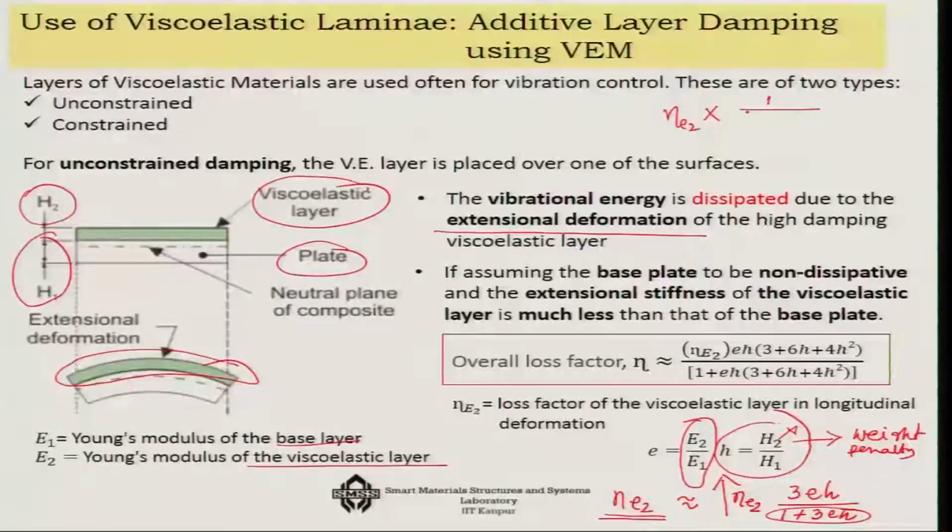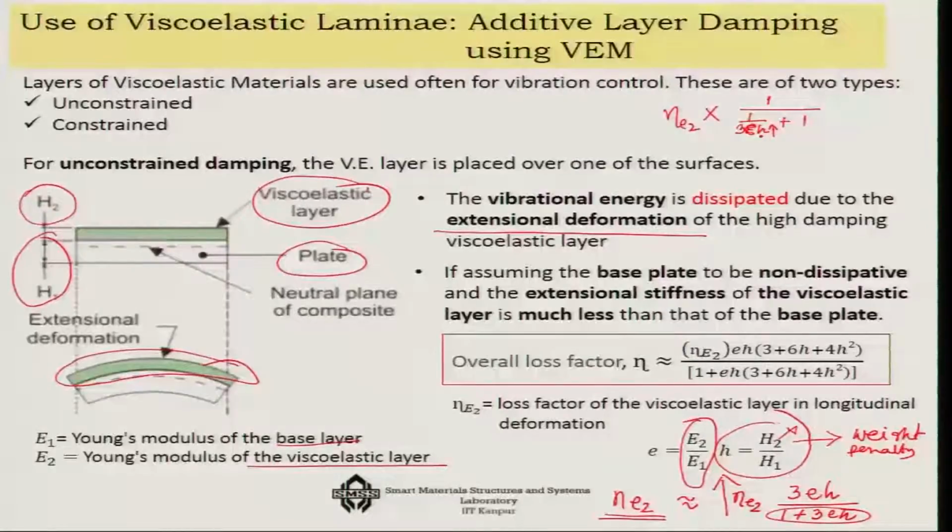So, it will be 1 over the reciprocal of 3EH plus unity. So, if I get a large value of E2 over E1, that is, if this part increases, the numerator will increase.